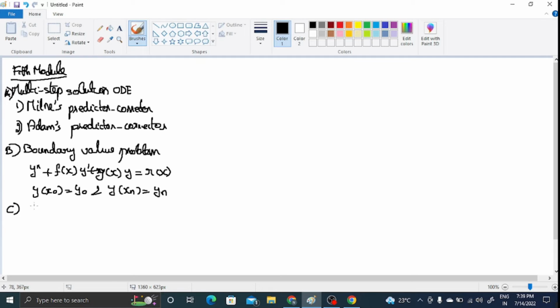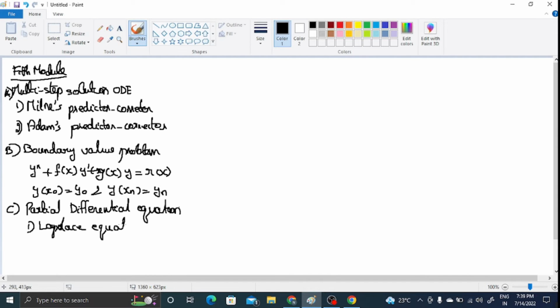And the third part is the solution of partial differential equation. Actually three parts are there in partial differential equation. One is the Laplace equation.